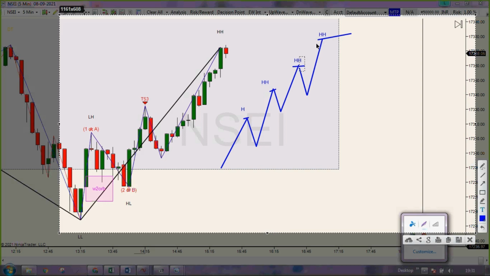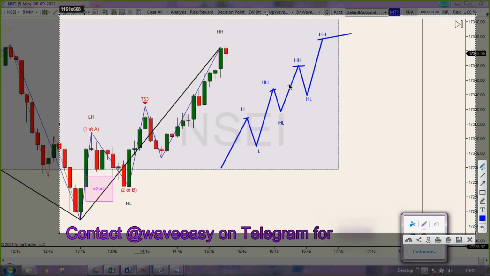And if you compare this high with respect to this high, this is a lower high. And this is a low, and looking from behind, this is a higher low, and again a higher low. Simple. What the books define is: when a market is continuously making higher highs and higher lows, you can consider this a bull trend.